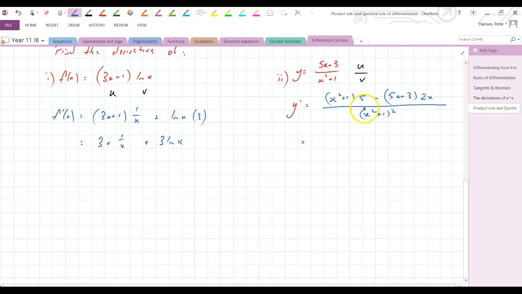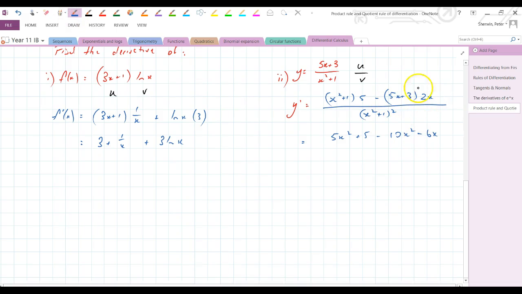Let's just look at the numerator and tidy that up. 5x squared plus 5 minus 10x squared plus 6x, because that 2x is by 5x, which is minus 10x squared. Actually, that's a minus 6x there, isn't it? It's a minus 6x. Thanks for pointing that out.